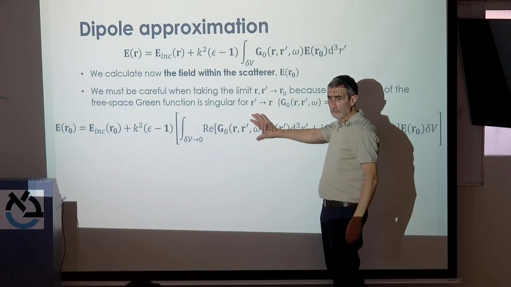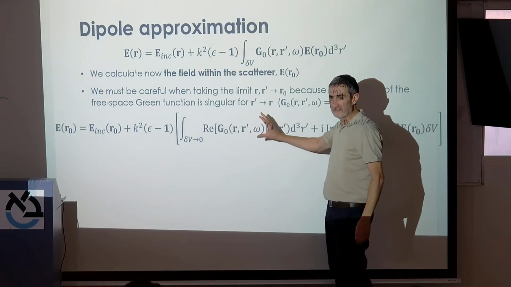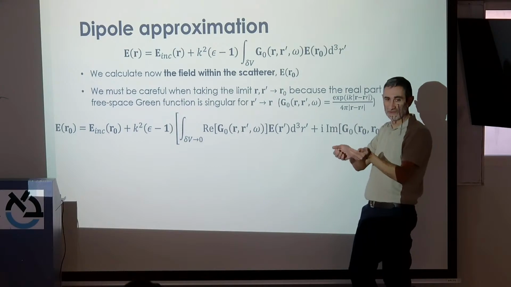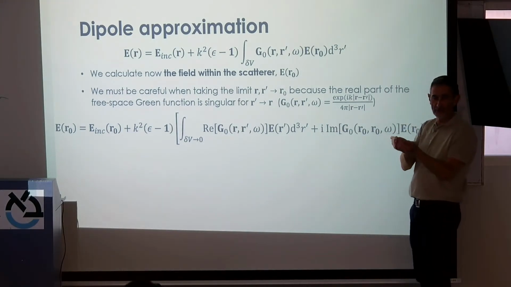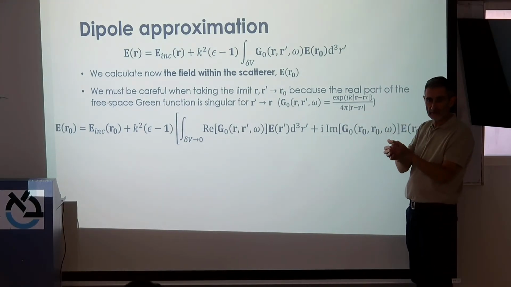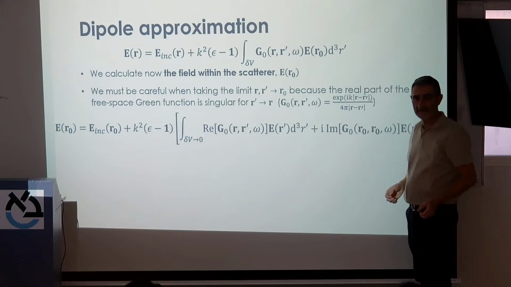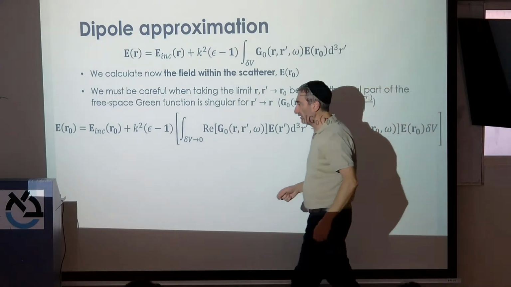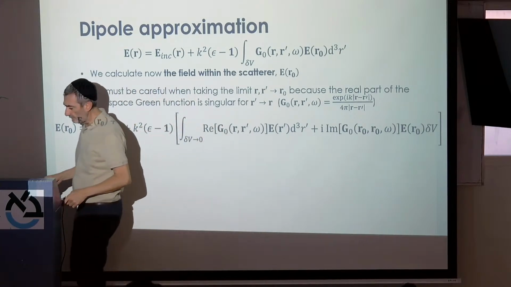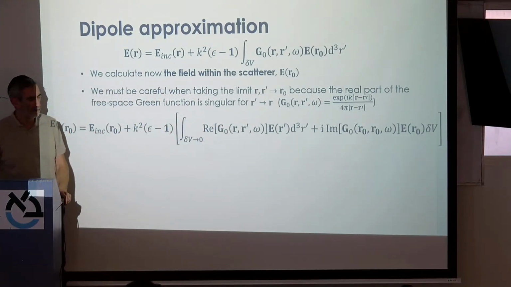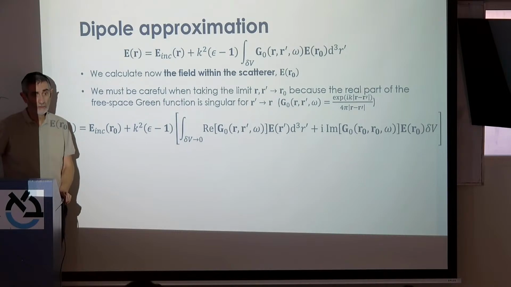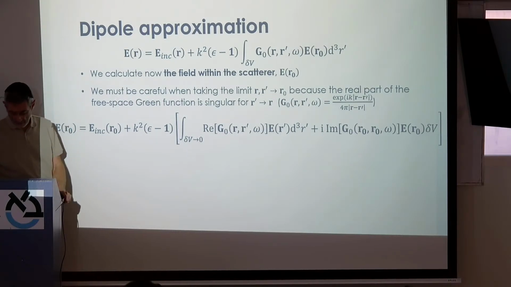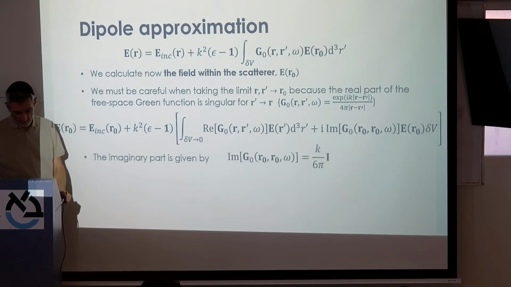This term we are not going to calculate because I hate this calculation where you take a sphere on the singularity and you make it go to 0. So you get actually the principal value from this integral. So that's for the imaginary part.